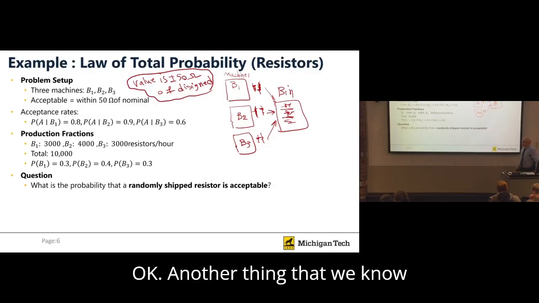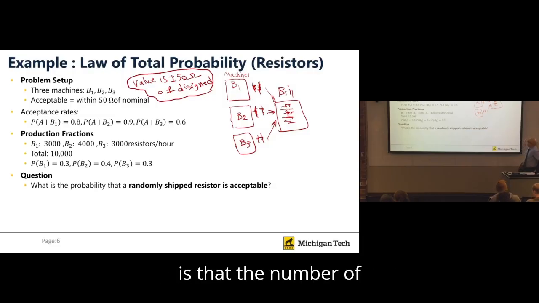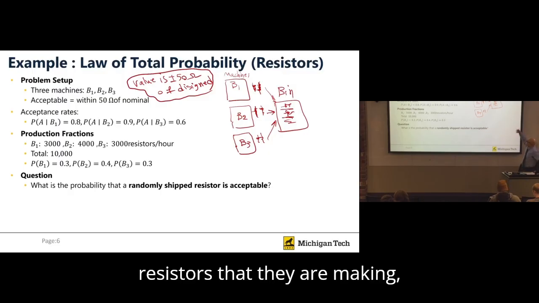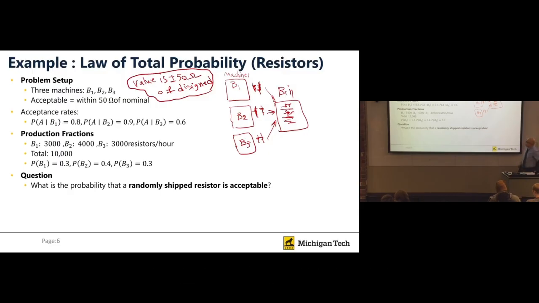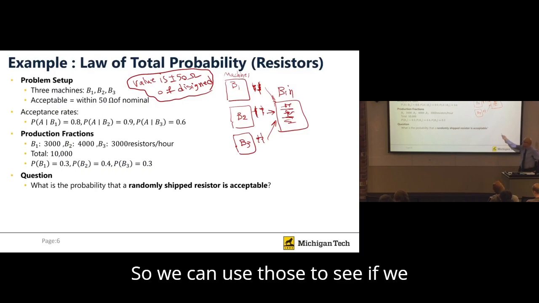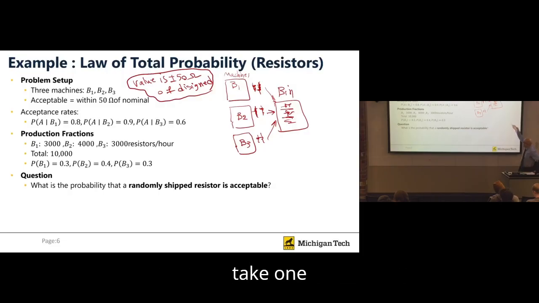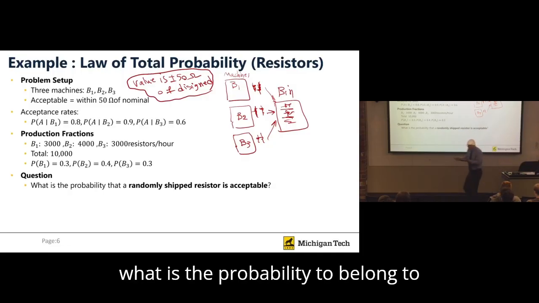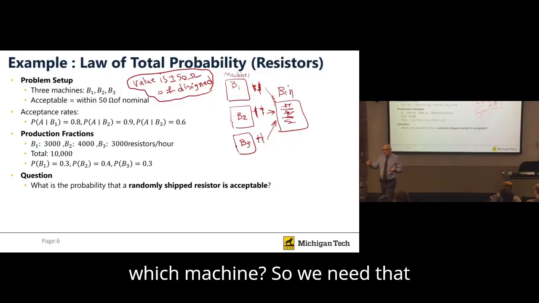Another thing that we know is the number of resistors that they are making. In each hour, B1 makes 3,000, B2 4,000, and B3 3,000. We can use those to see, if we take one resistor from the bin, what is the probability that it belongs to which machine?